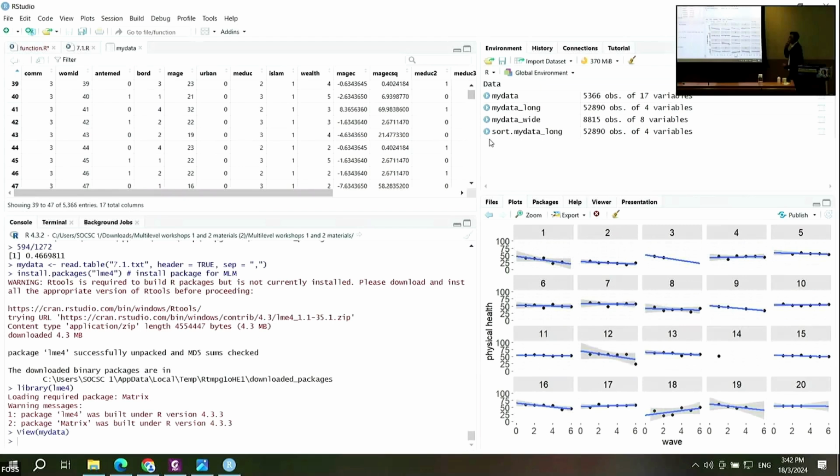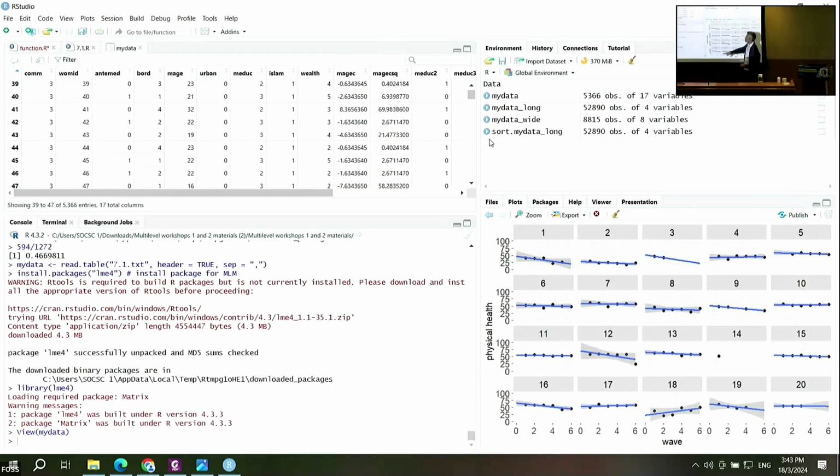Once again, it's important to note here that all the women are sorted within each community. So this data set is sorted in the way that R needs it to be for it to be analyzed in a multi-level way. Remember, each individual ID has to be sorted within the higher level ID. So your data set should look exactly like this. That's another common mistake. Lots of people say models don't run because the data are not sorted in this fashion.